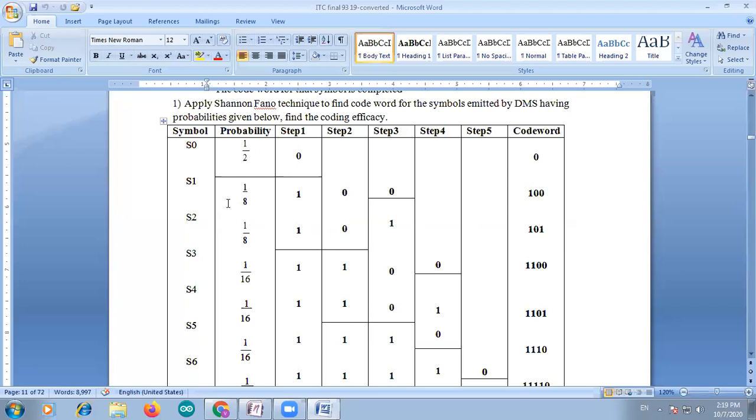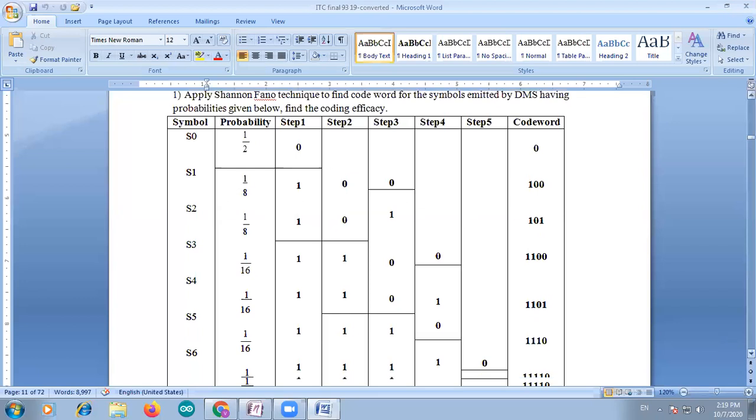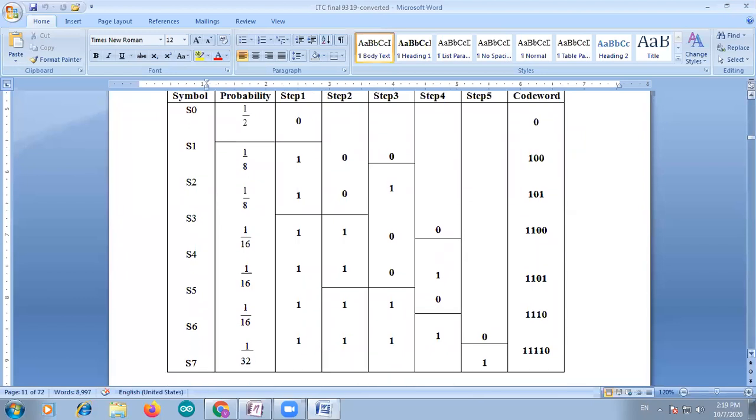Suppose in this example there are 8 symbols: S0, S1, S2, S3, S4, S5, S6, S7, that is, 0 to 7. S0 has the probability 1 by 2. S1 has the probability 1 by 8. S2 has the probability 1 by 8.